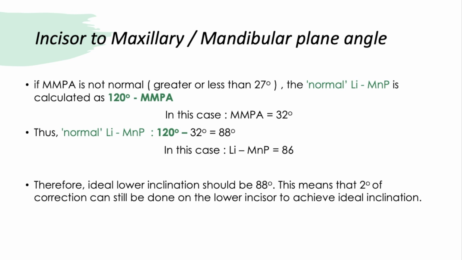So the normal lower incisor mandibular plane angle we get in this case will be 88, compared to the initial 86 degrees. Therefore, the ideal lower inclination should be 88 degrees. This means that 2 degrees of correction can still be done on the lower incisor to achieve an ideal inclination.